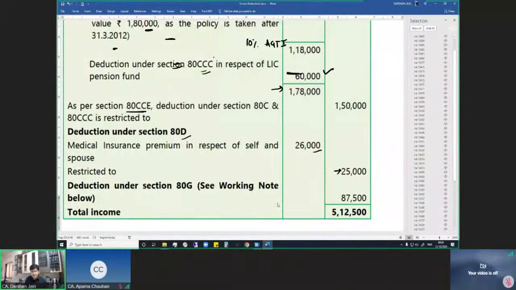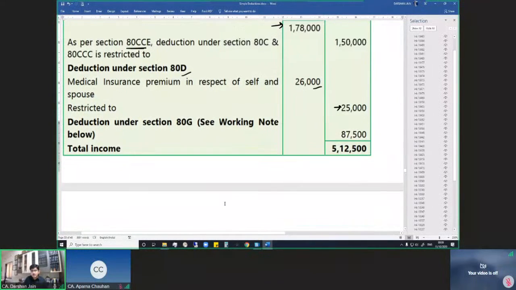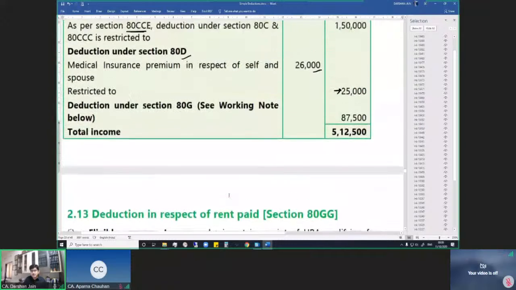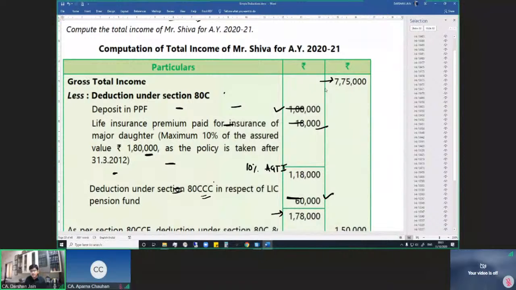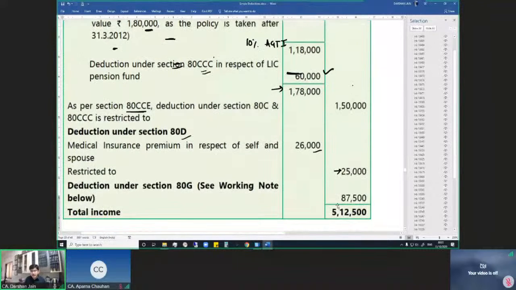We did discuss this. So now what you are left with is the adjusted gross total income. You first have the gross total income simpliciter, out of which you deduct deductions under other sections of Chapter 6A. So out of 775, you deduct 1,50,000 and 25,000.